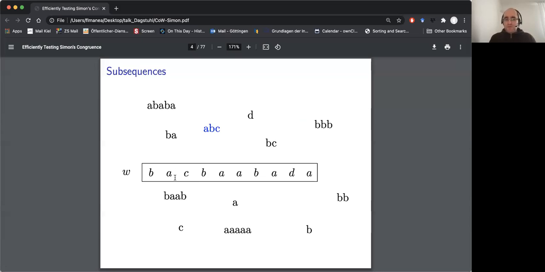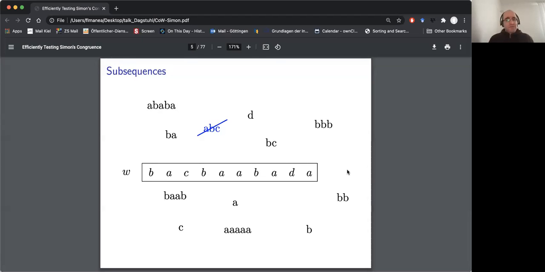So I took the first A, then I took the first B after the first A, and this should be enough. If there is a C, I should be able to find it in this way. So ABC is not a subsequence of W. All the others that you can see on this slide are actually subsequences.